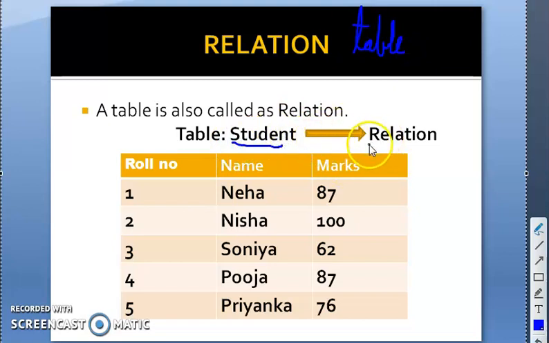The table is nothing but a term which is called relation. The first detail of the student is roll number 1, name is Neha and marks is 87. So the collection of data of students is there inside the table. This is the structure of the table.